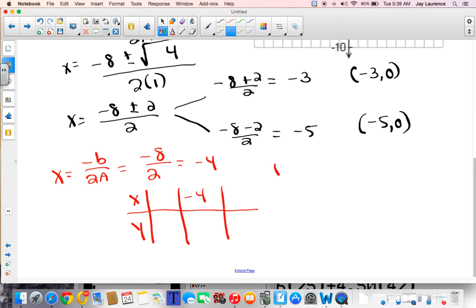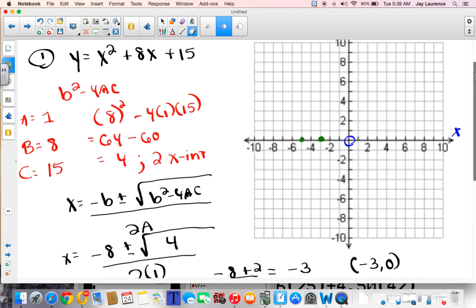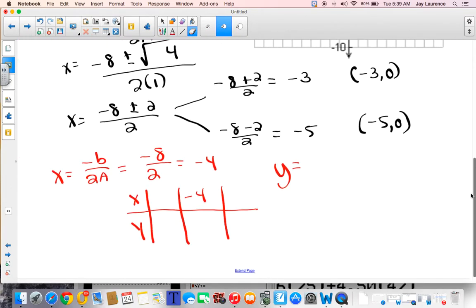So I'm going to take the original equation, but instead of putting x in, I am going to put a negative 4 in parentheses every time I'm supposed to write x.